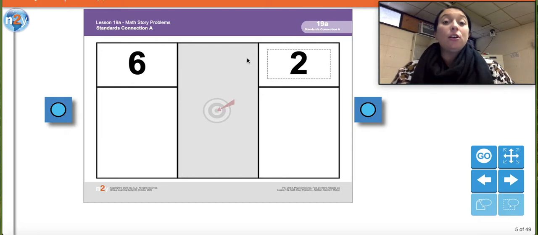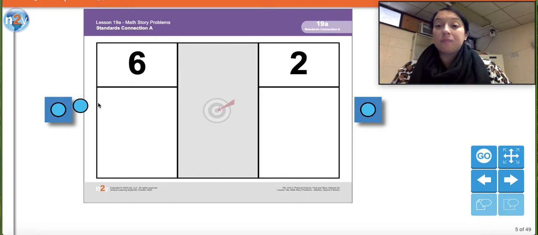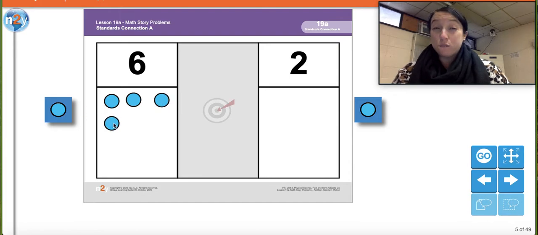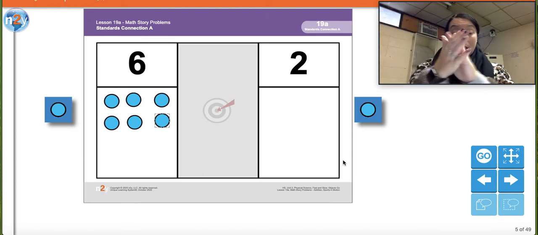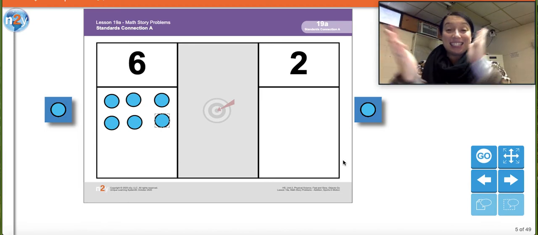So let's see. We're going to use our blue dots. 1, 2, 3, 4, 5, and 6. So let's clap it out. 1, 2, 3, 4, 5, and 6.